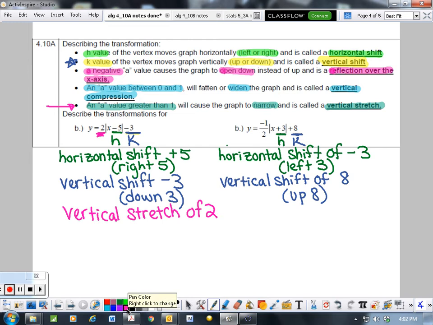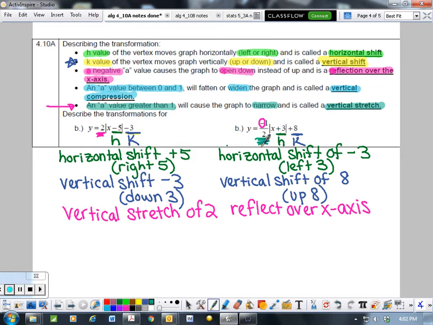And then we have several things going on with our A. The first thing we have is a negative. And negative means it's going to open down instead of up. So that's our reflection over the x-axis. And then I look at this 1/2.